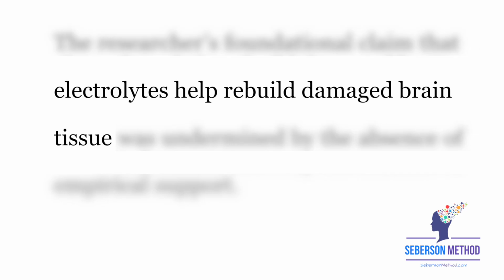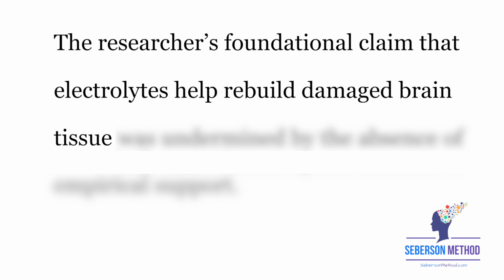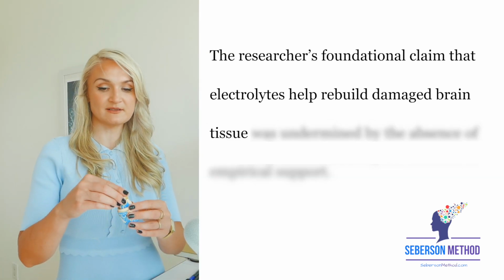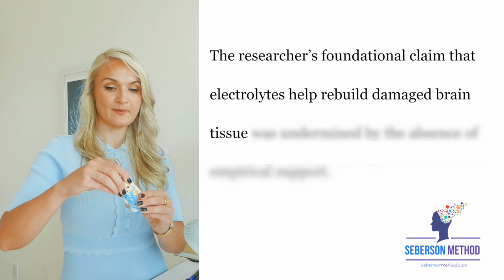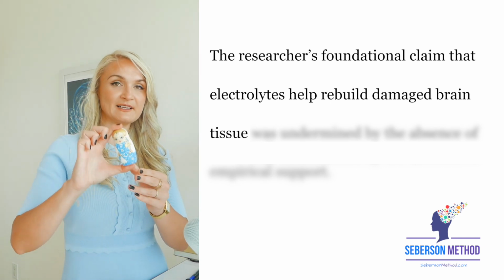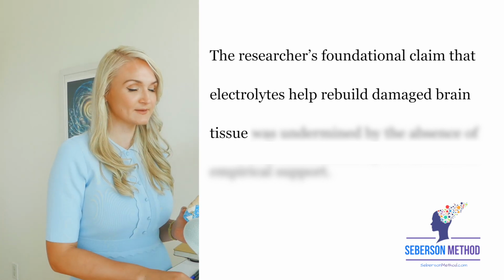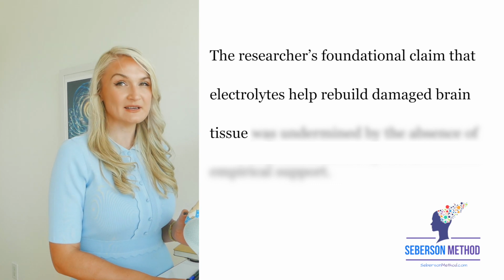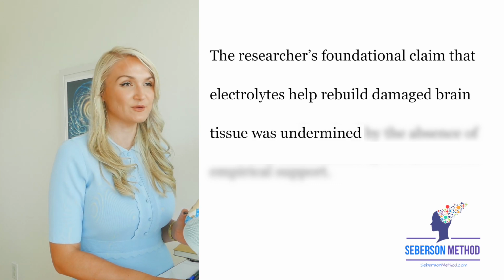So let's start building this sentence out. Let's see what happened at the start. It says, the researchers' foundational claim that electrolytes help rebuild damaged brain tissue. Well, so far, no changes. The slightly bigger sister is supporting the smaller sister. Now, let's keep growing the sentence out.